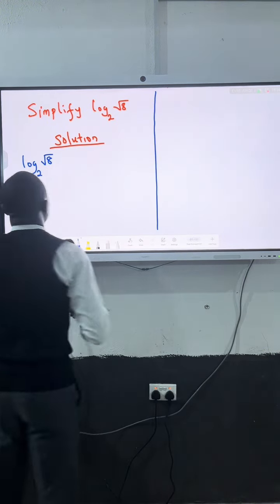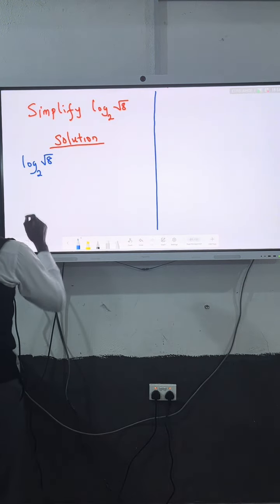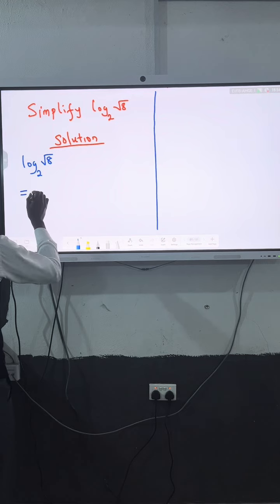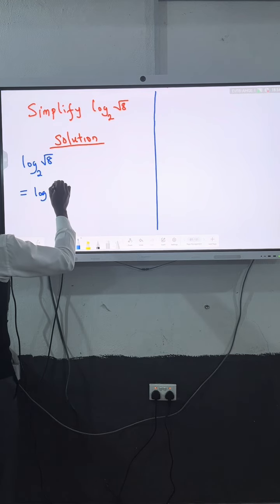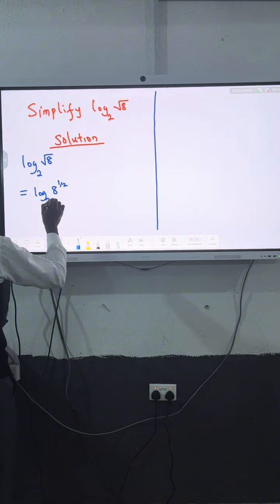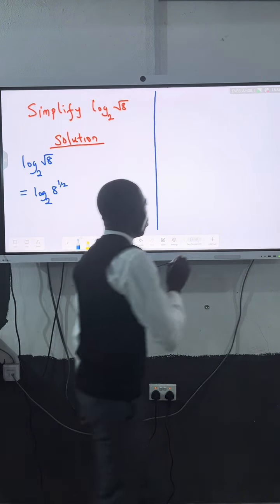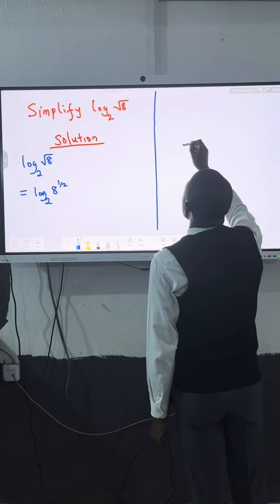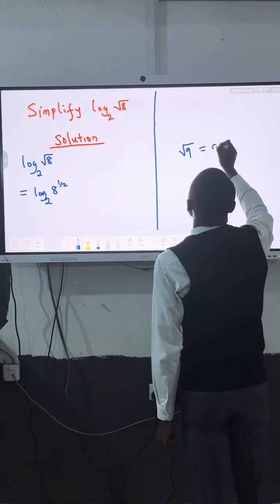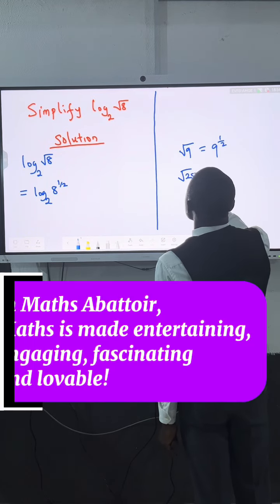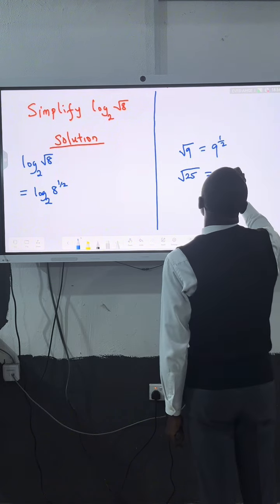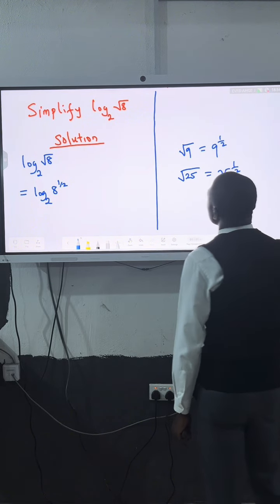Now, if you look at this, this is the same thing as saying log 8 raised to the power 1 over 2 to the base of 2. Look, square root of 9 is the same as 9 raised to the power 1 over 2. Square root of 25 is the same thing as 25 raised to the power 1 over 2.